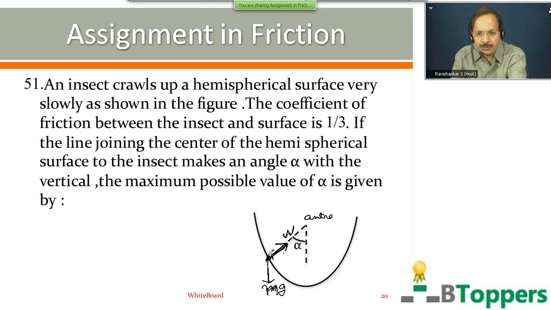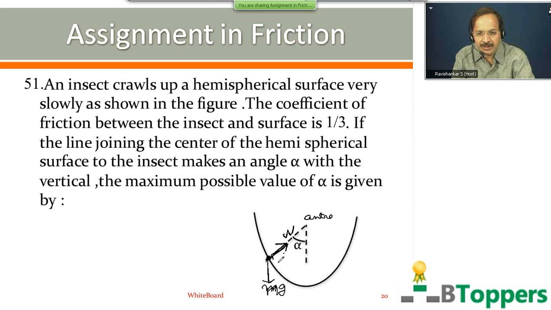At the highest possible position up to which the insect can move up along the spherical surface, it will be about to slip down. That means we consider the position where the insect crawls up the surface to the maximum possible height above the lowest position.